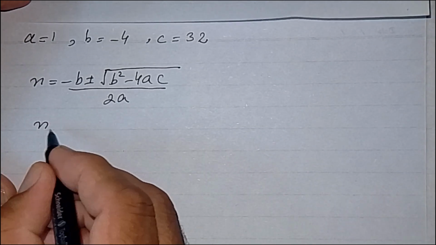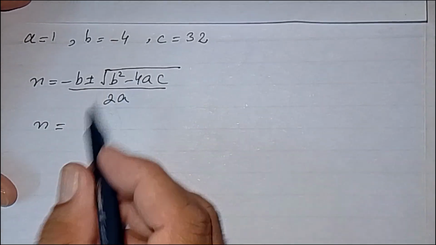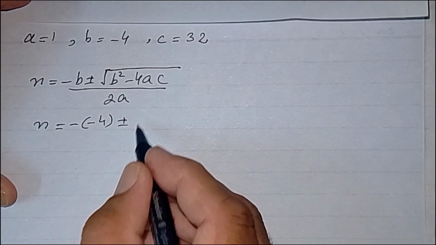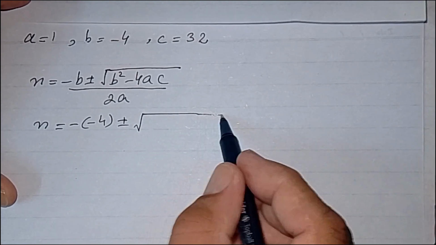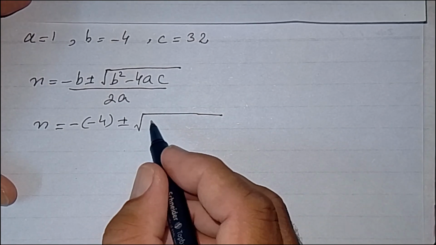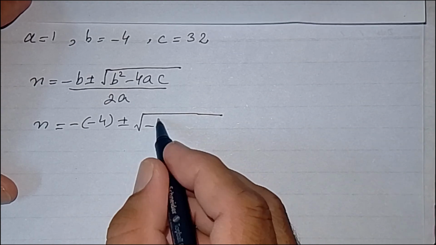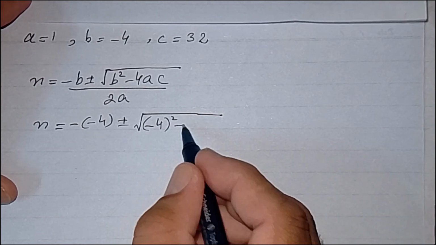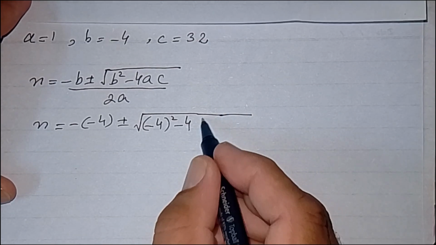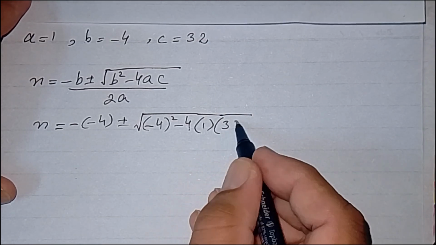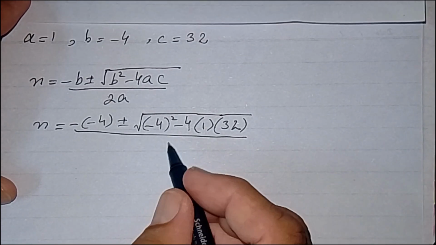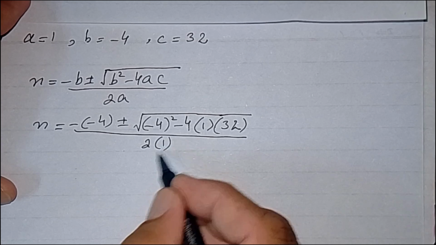Now n is equal to minus b, minus into minus 4, plus minus under root b square, minus 4 whole square, minus 4 into 1 into 32, over 2 into 1.